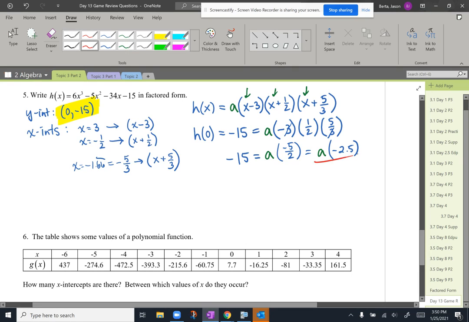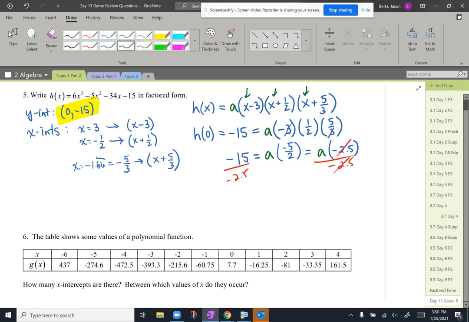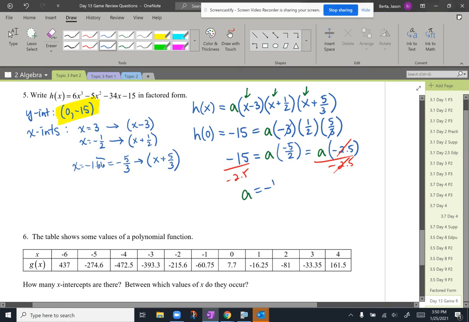All right, I'm going to divide both sides by negative 2.5. Cancels out over here. And what I'm left with is A equals negative 15 over negative 2.5. Put that in your calculator, you'll find that A equals 6. You can take that value of 6 and plug it in up here for the leading coefficient.